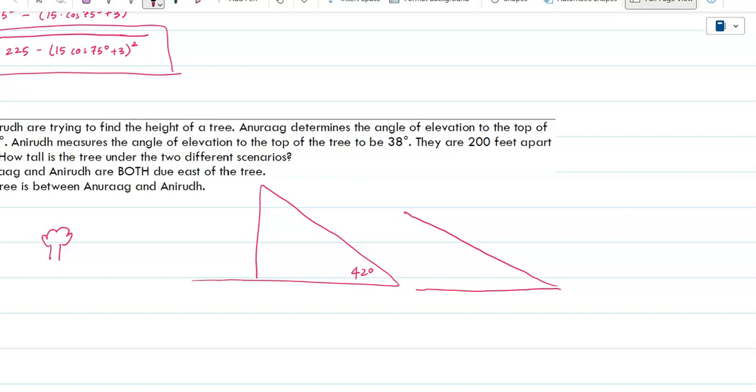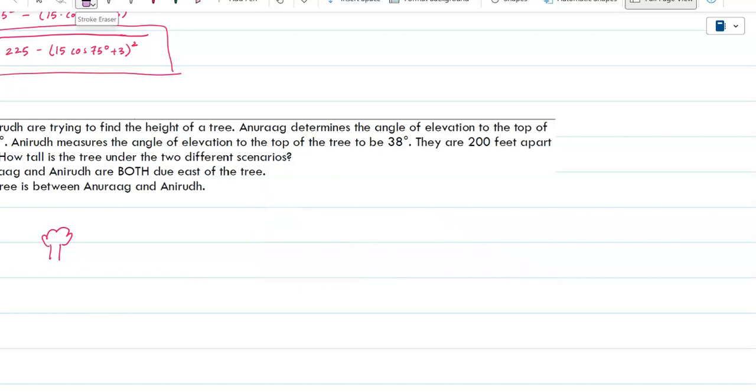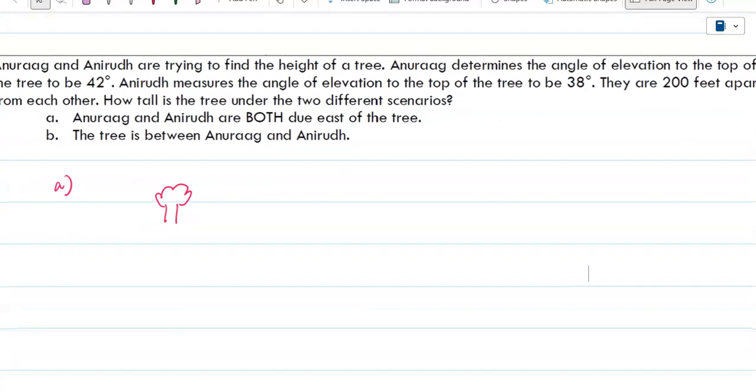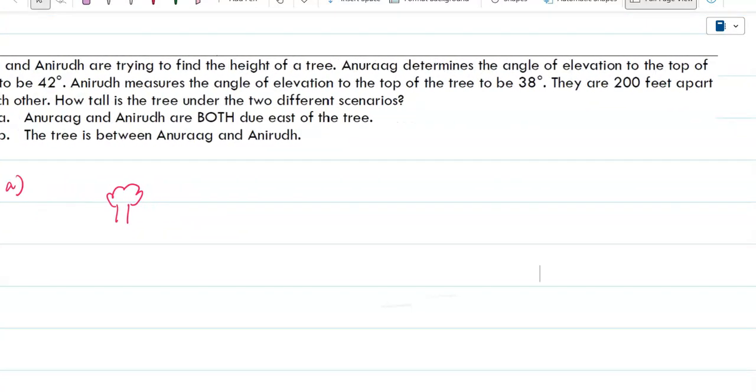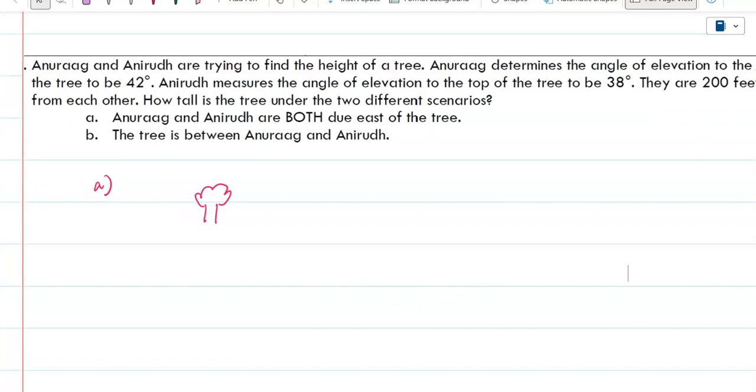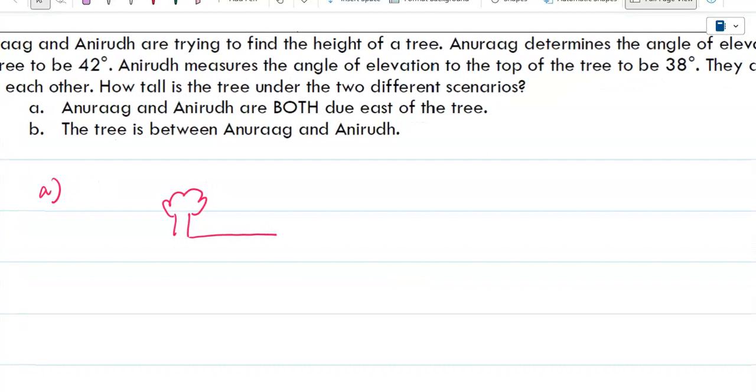This is 38 degrees. Let me just draw the picture. Here's the tree, and Anurag is 42 degrees to the top of the tree.